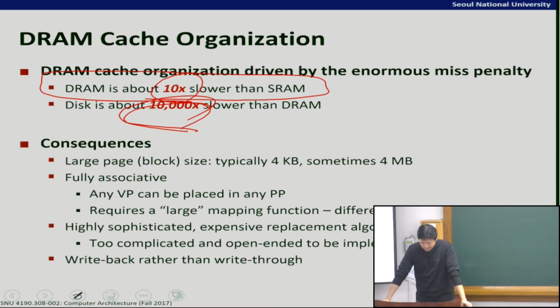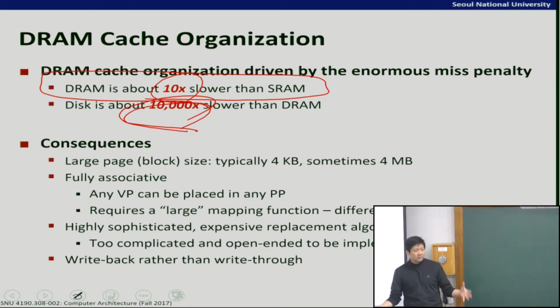As a consequence, this DRAM cache uses a much larger page size, typically 4 kilobytes, or sometimes even huge pages, like 4 megabytes or even a 1 gigabyte page, are supported in today's machines. It also uses a fully associative structure, because if you remember, with greater associativity the cache miss rate generally goes down.